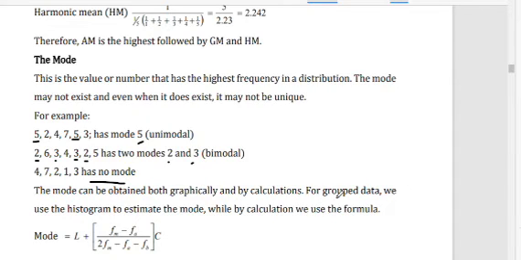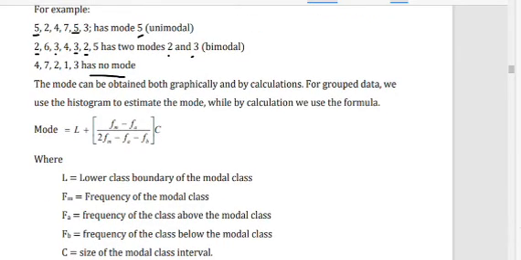Now for grouped data, like the one we did in the first part, if you want to get the mode, you use the formula. Let me simplify this formula for you so that it becomes easier.